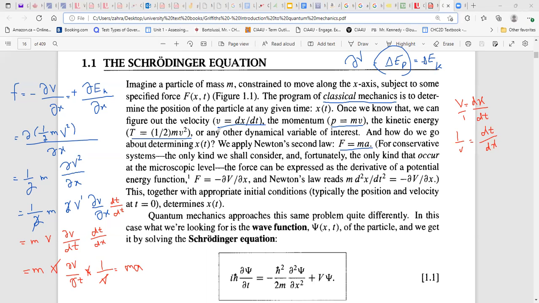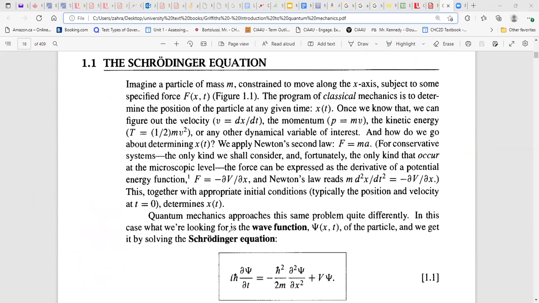Okay, so these are the equations related to classical mechanics. We already knew that. But the quantum mechanics approach is different. We need to define a wave function phi. This phi depends on position and time. As you see, it's a function of position and time.